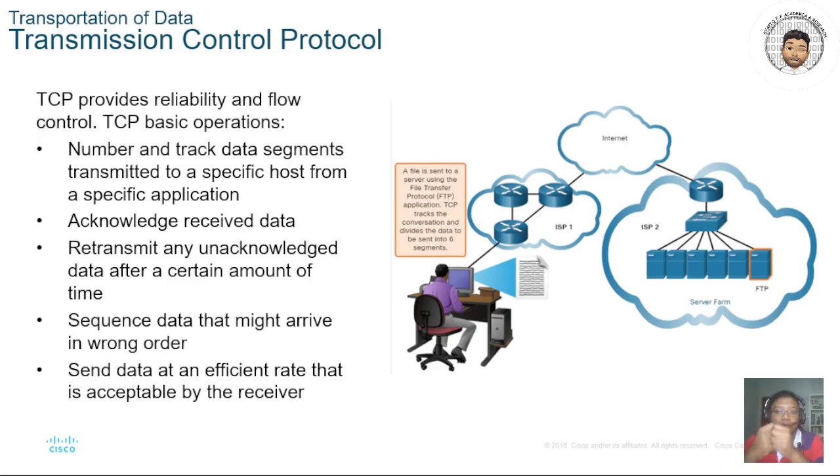This means the sender will wait to see whether he gets a response, whether the data has been received or not. If he doesn't receive any acknowledgement or response from the destination, he will retransmit the data towards the destination.